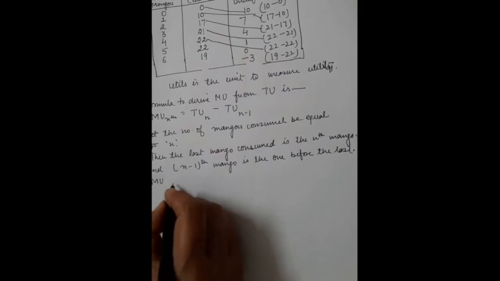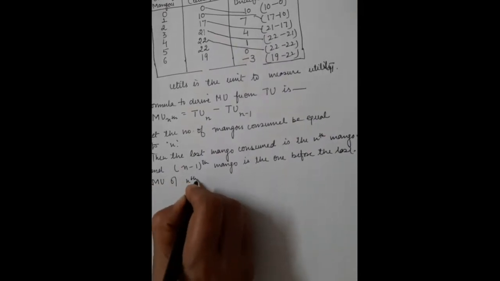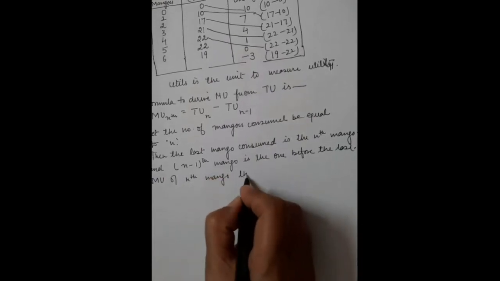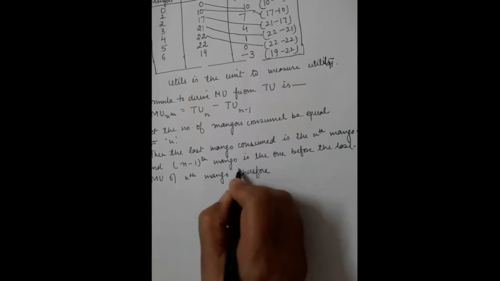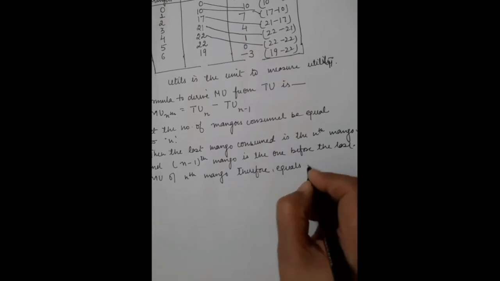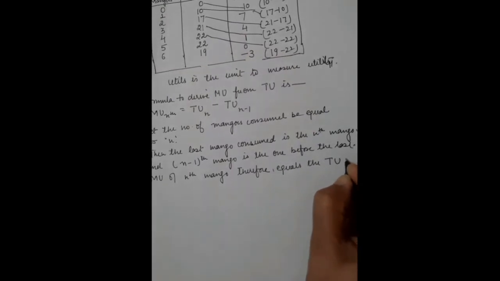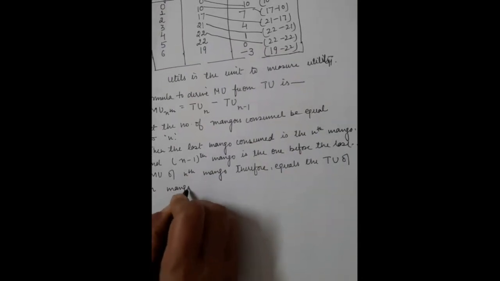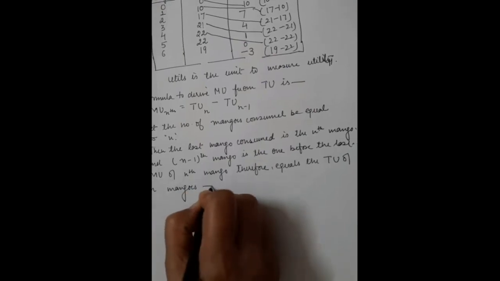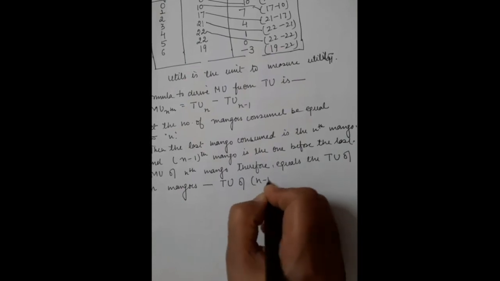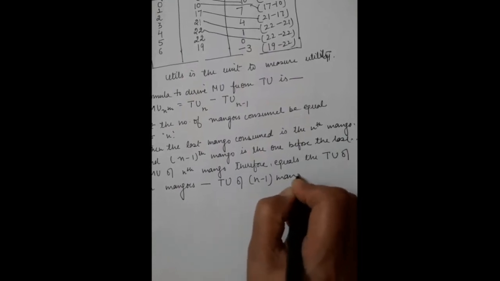Now the MU, that is, the marginal utility of the nth mango, therefore equals the TU of n mangoes minus the TU of n minus 1 mangoes.